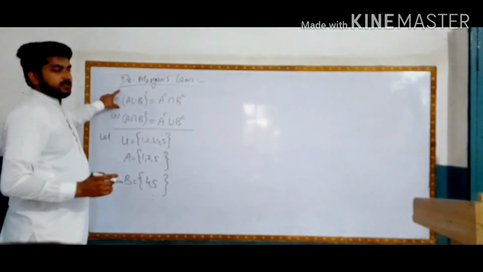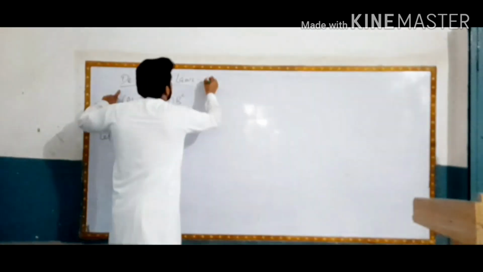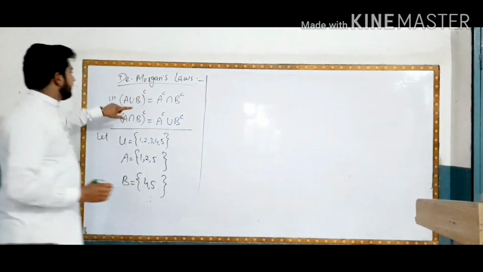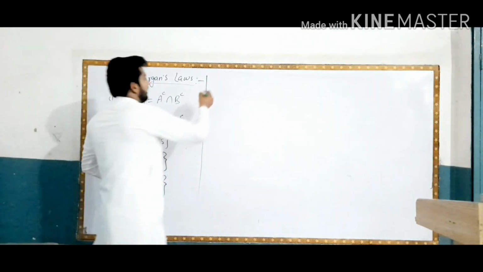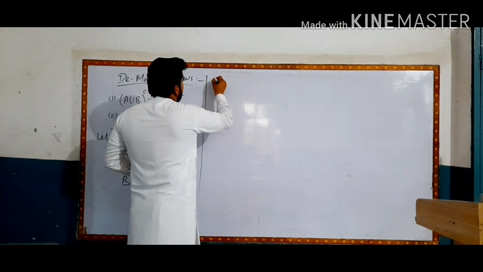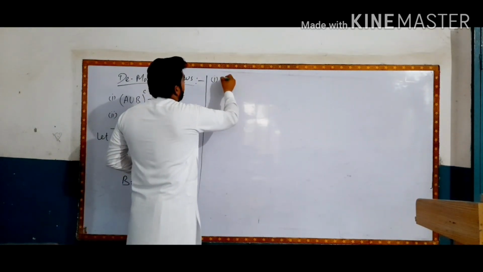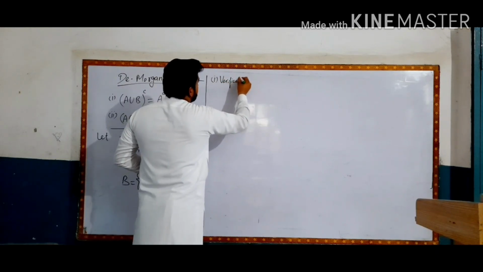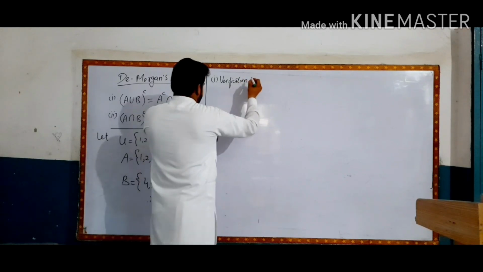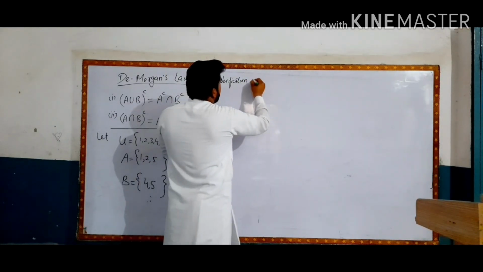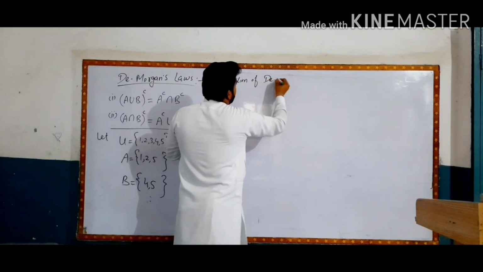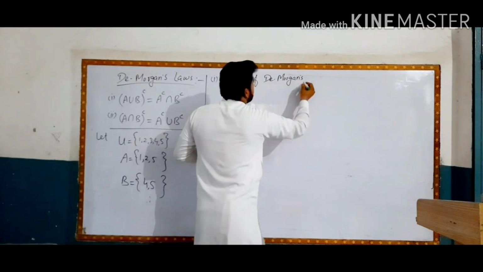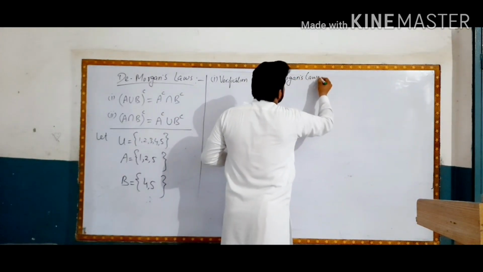Now take the first law of De Morgan's law. Take the left side of this law. This is the proof, the verification of De Morgan's laws.